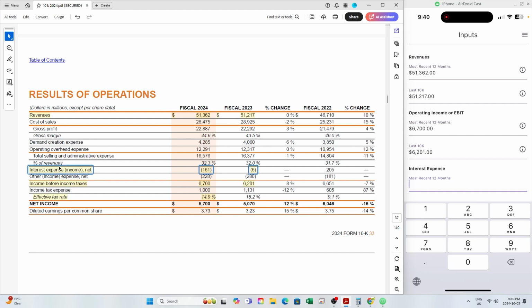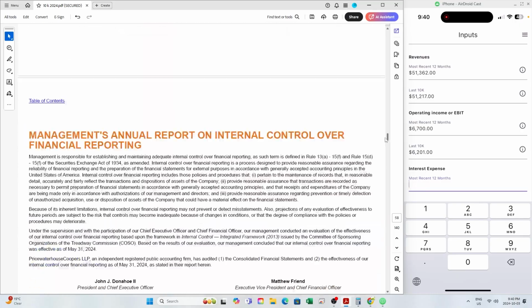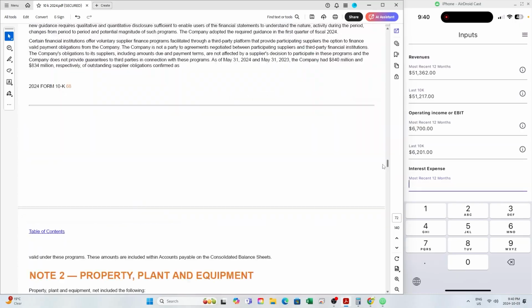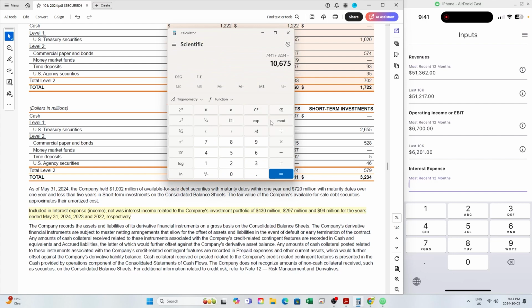Interest expense is a little tricky here. As you can see, they just show the interest income, not the interest expense. We need to find the interest expense. If we scroll down to page 74, you can see in a footnote that they mention about 430 million in interest income.